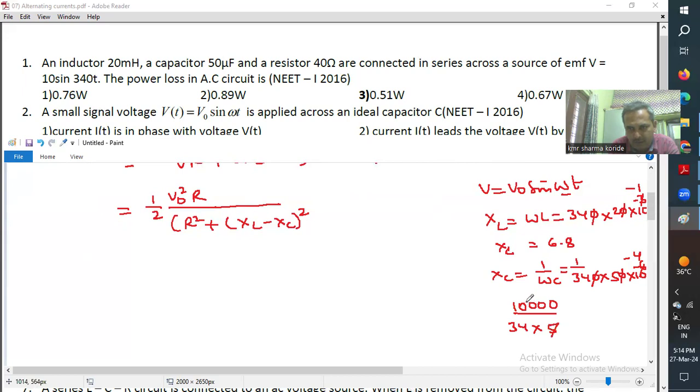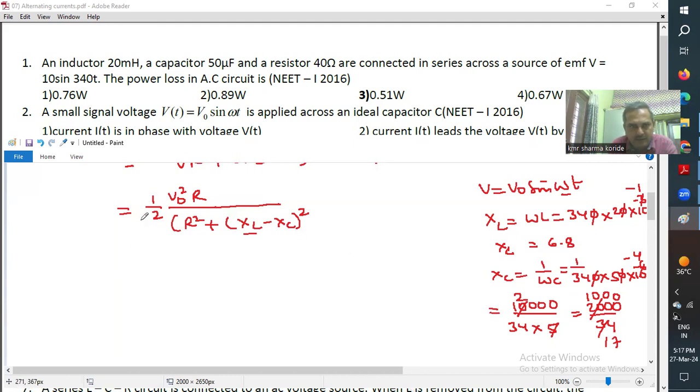So it will be 2000 by 34. Let us continue further the calculation. If you calculate further, it will be approximately, roughly 58.